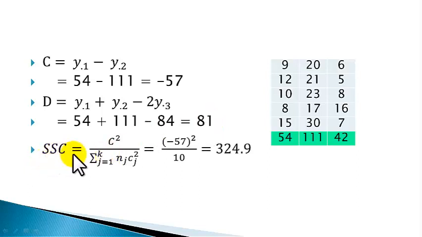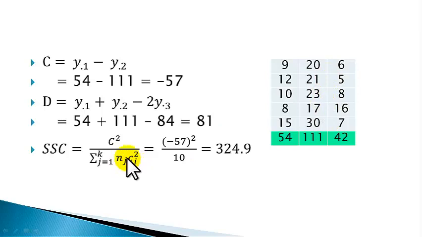For contrast C, the sum of squares is equal to C squared all over the sum, as j goes from 1 to 3, because k is 3 in this case, of nj cj squared. Here nj, that is n1 is 5, n2 is 5, and n3 is 5. That is the number of observations under each circuit type.